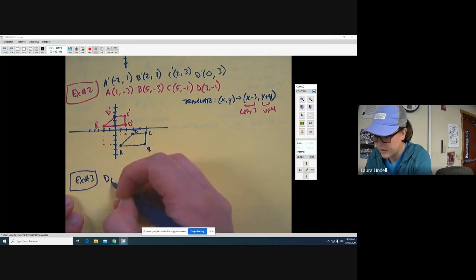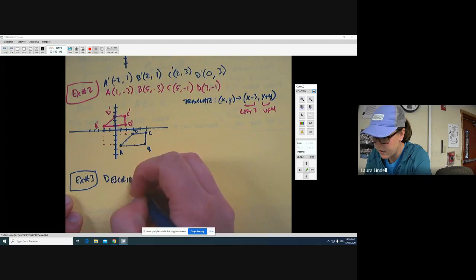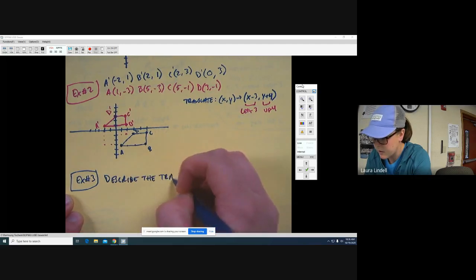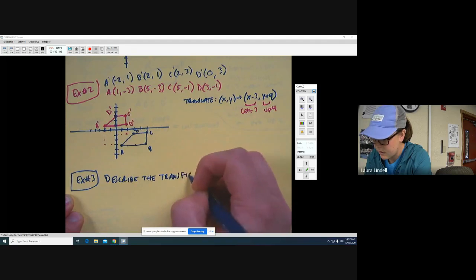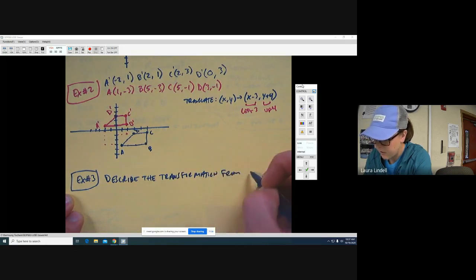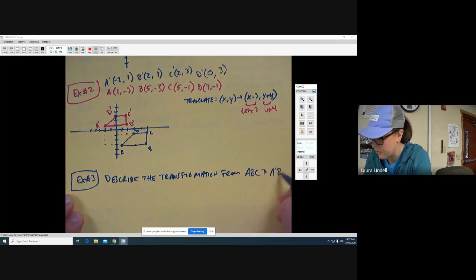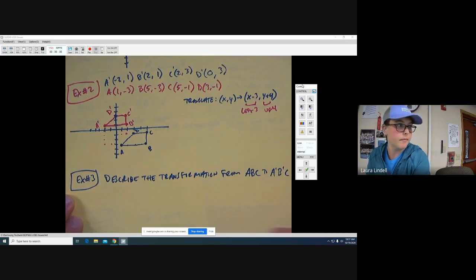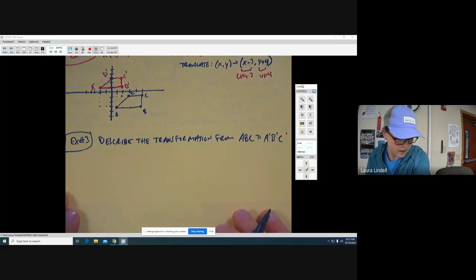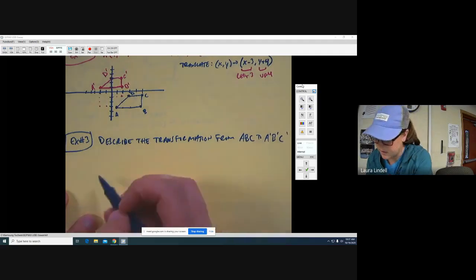And what they might say is describe the transformation from A, B, C to A prime, B prime, C prime. And then they would give us some shapes.